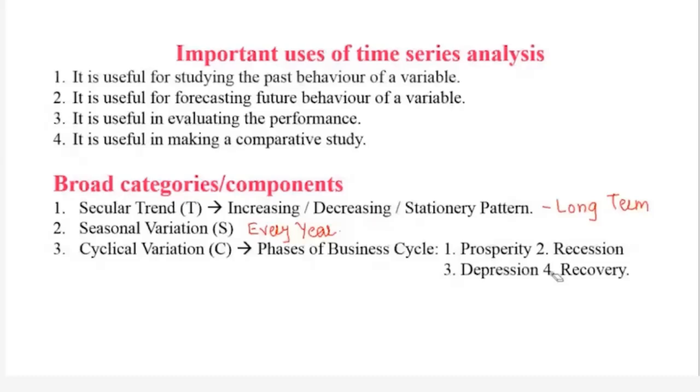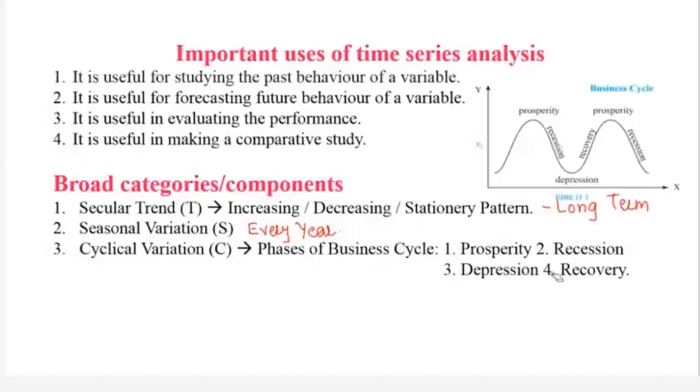Here you can see that graph also, taken from your book. The topmost section is called prosperity. Here this is prosperity. Here also this is prosperity. Top is prosperity. The bottom is depression. एकदम नीचे रहेगा तो depression, एकदम top रहेगा तो prosperity. From prosperity, when you come down to depression, this is called recession.